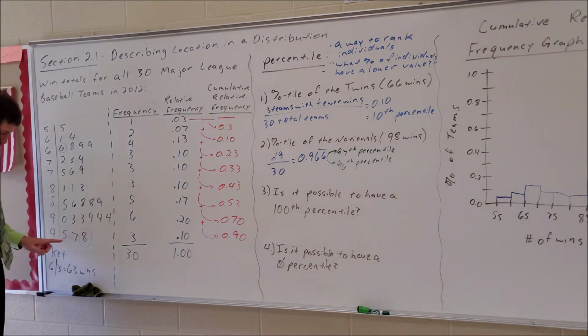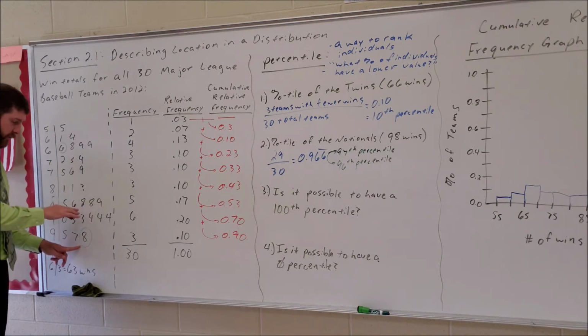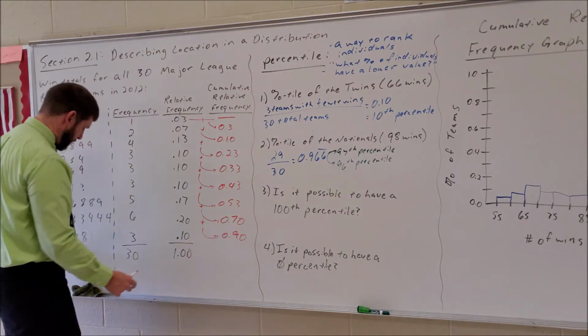We're right here at this interval. At this interval, we had 27 out of the 30 teams. So 27 out of 30 teams are coming forward. That's why we're at 0.90.